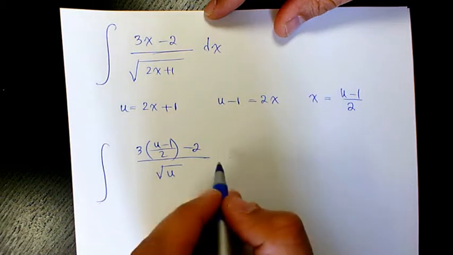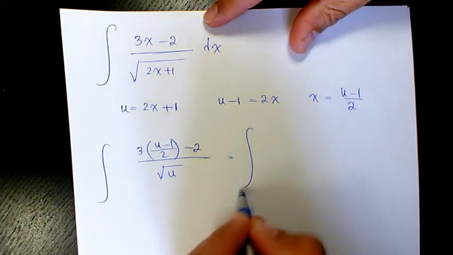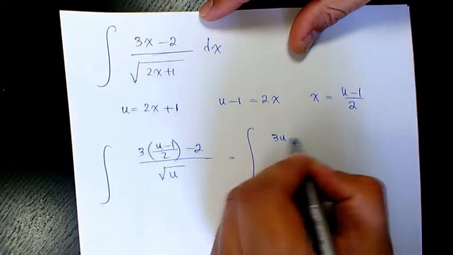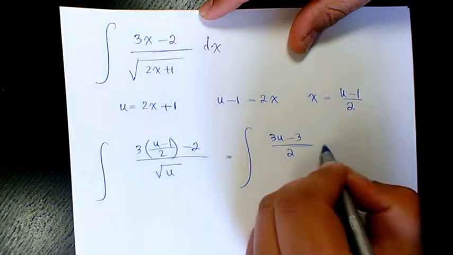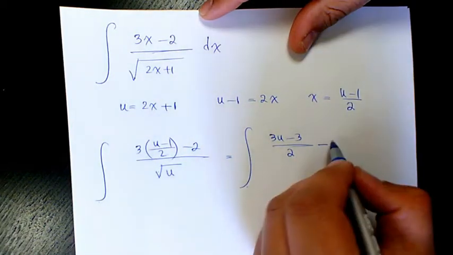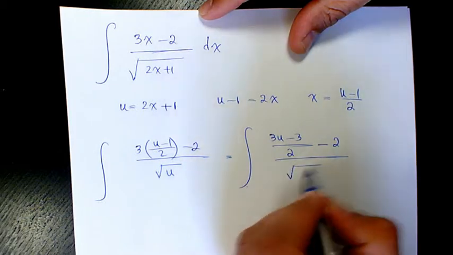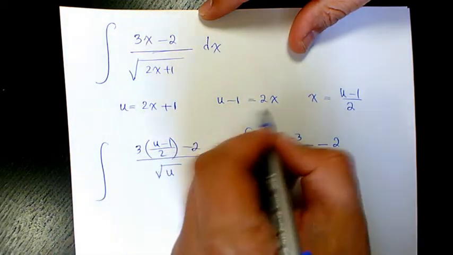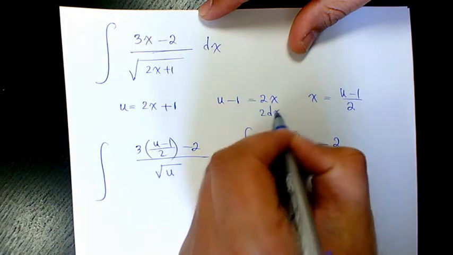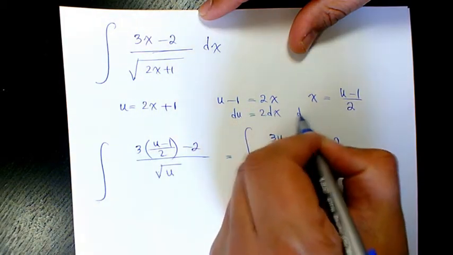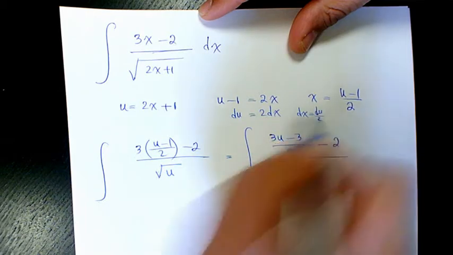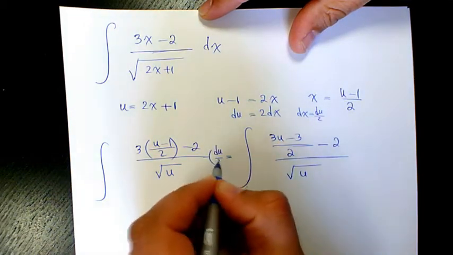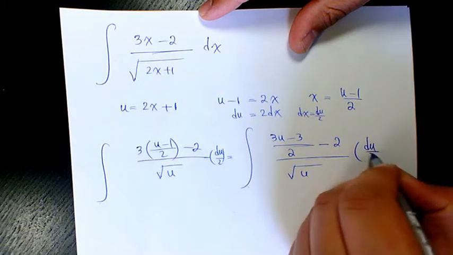Then we can say (3u minus 3) over 2 minus 2 over... I forgot to mention, 2 dx equals du, which means dx is du over 2. So du over 2 here and du over 2 in here.